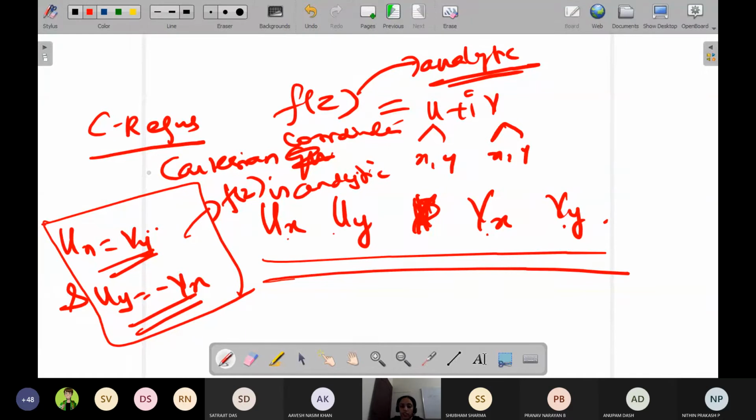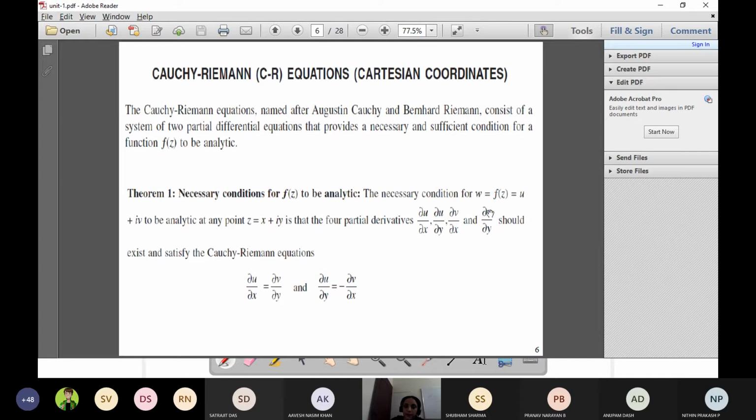But let me tell you one more thing. There is a necessary and sufficient condition. Let us see what that condition is. The necessary condition for W equal to f of z equal to u plus iv to be analytic at any point z equal to x plus iy is that the four partial derivatives ux, uy, vx, vy should exist, and they should satisfy the CR equations.